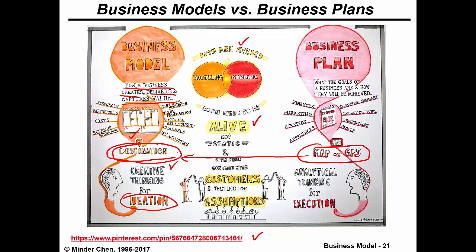The business plan is a detailed plan. It describes what the goals of a business are and particularly how they will be achieved, including your financial plan, marketing plans, strategic plans, and your HR plans, etc.